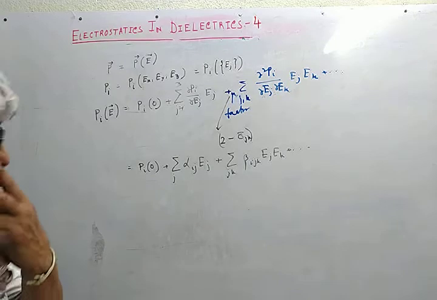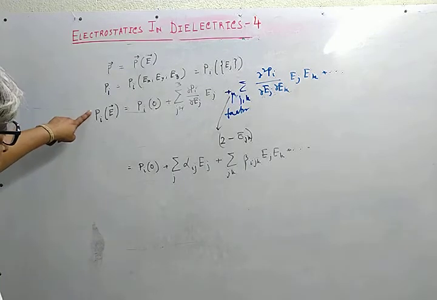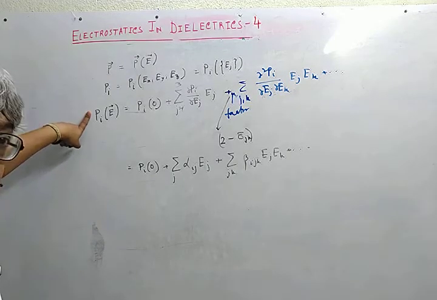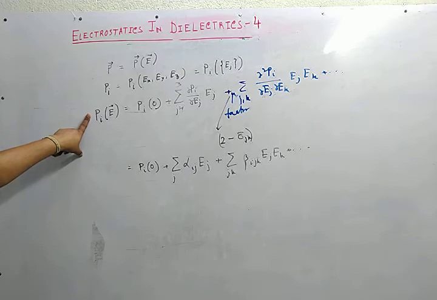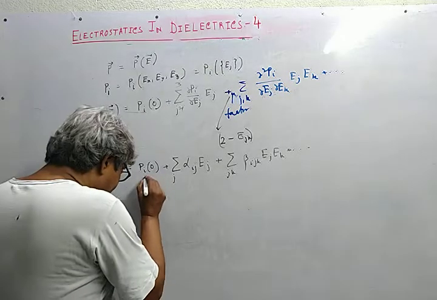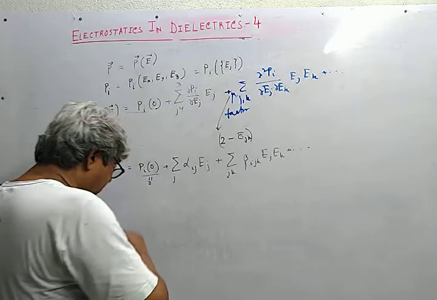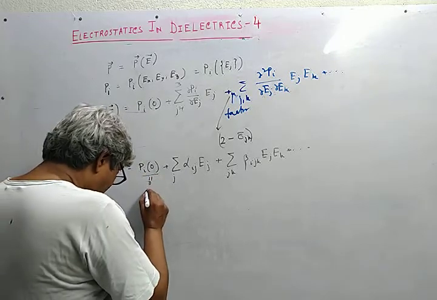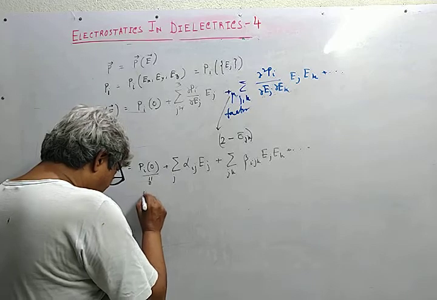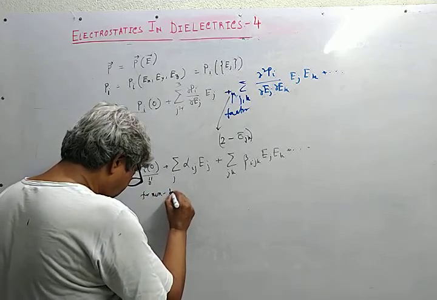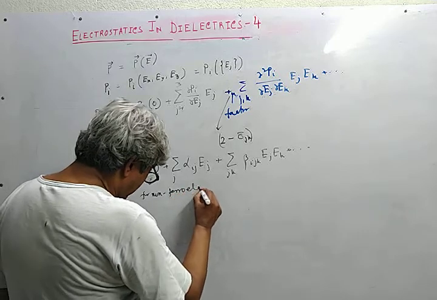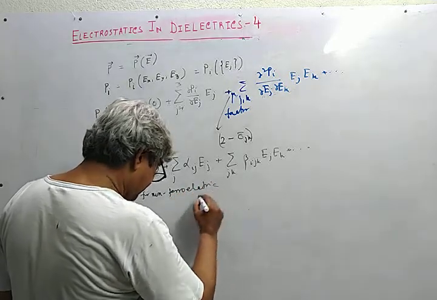If we neglect ferroelectric materials, then there is no polarization in the absence of an electric field. So if there is no spontaneous polarization, this part is 0 for non-ferroelectric materials.